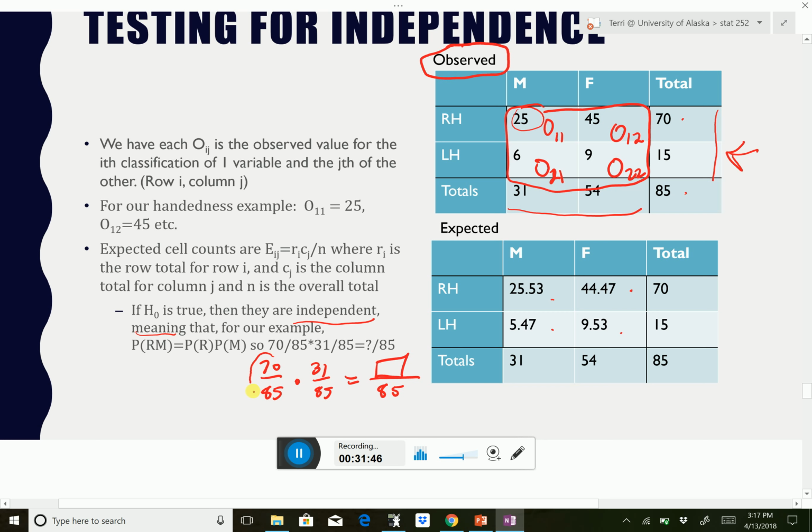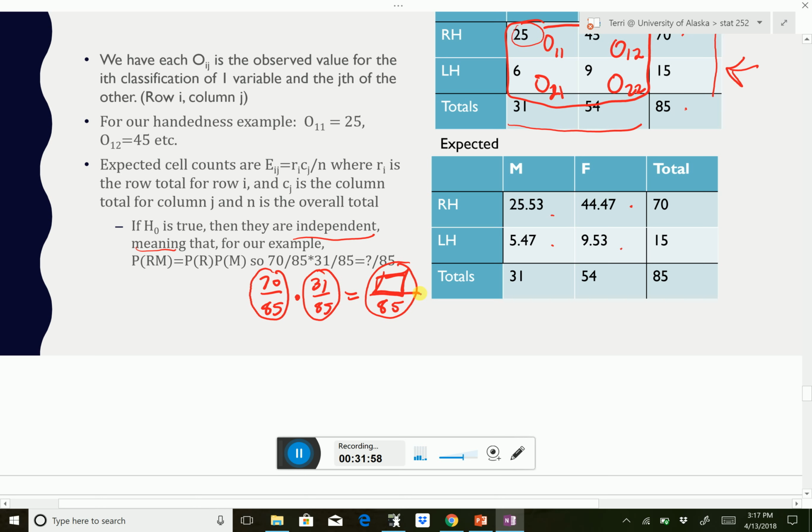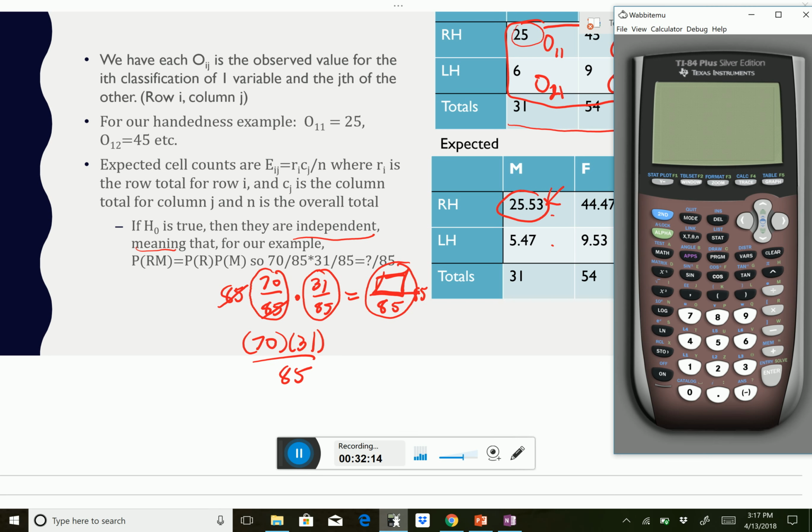Because the probability that somebody was right-handed times the probability someone is male has to equal the probability someone is a right-handed male in order for it to be independent. But to figure out what this number is, we just multiply 85 to both sides, which cancels out one of these. So we just have 70 times 31 over 85. And that's exactly what each one of these is. So this right here is, you can figure it out for yourself, 70 times 31 divided by 85.